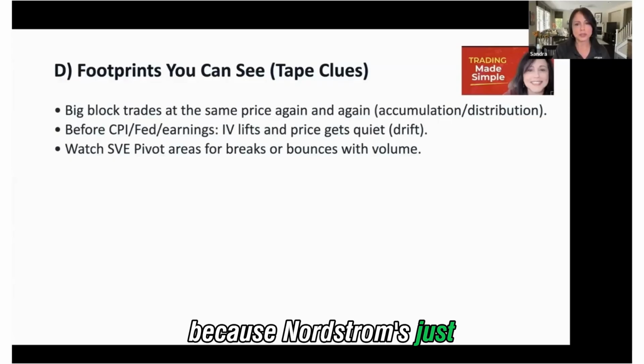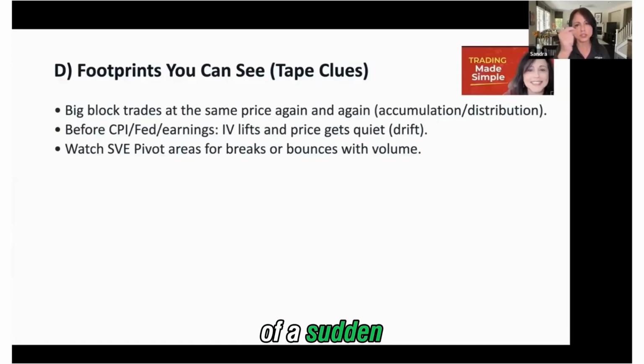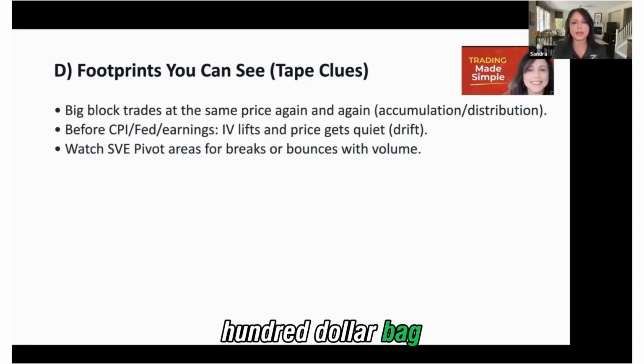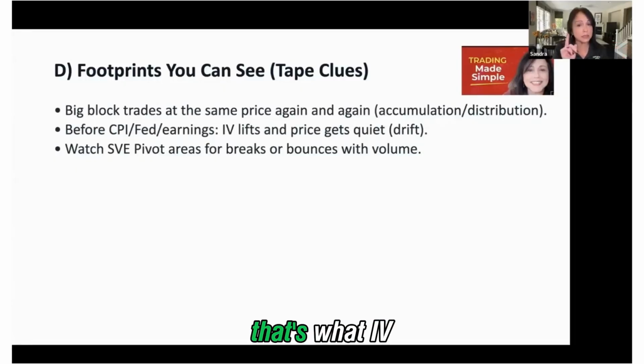Because the Nordstrom retailers just stepped in and took over. Then as soon as the news event is over, you're sitting there holding this purse that really was $10 yesterday, is now $100 today. Now the marketplace goes back to the Walmart pricing, and you're sitting there holding a $100 bag, and now it's only worth $10. That's what IV does. That's why you need to pay attention to it.